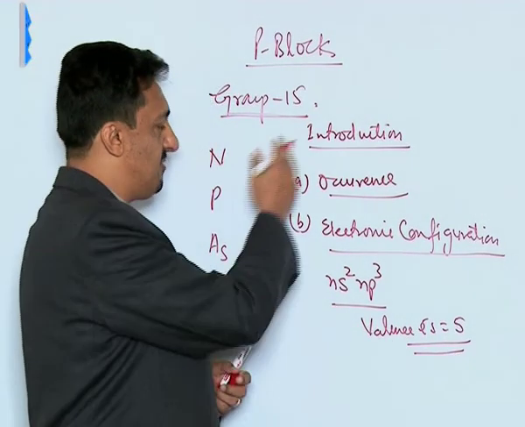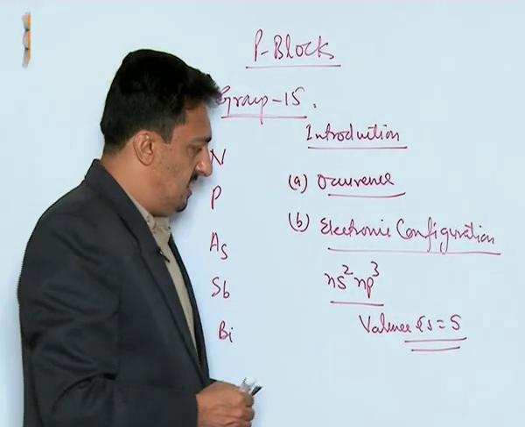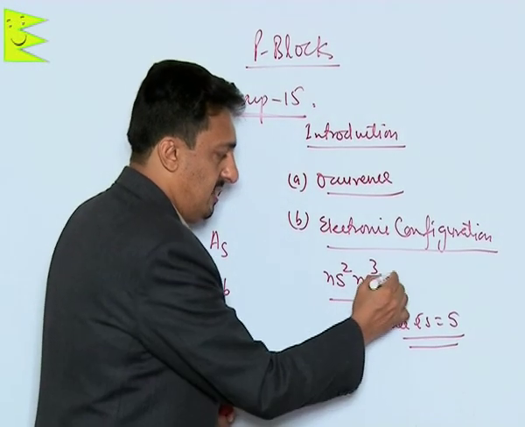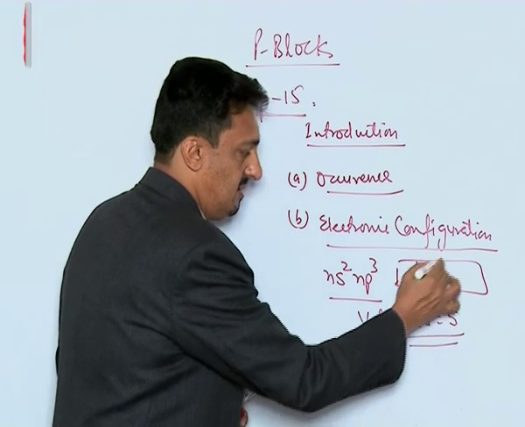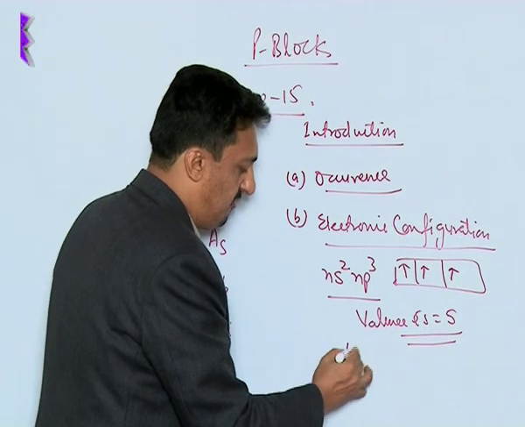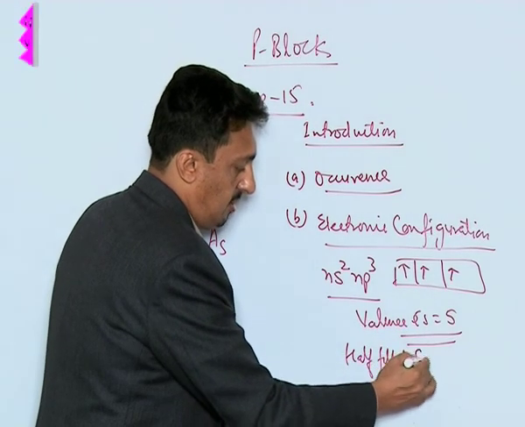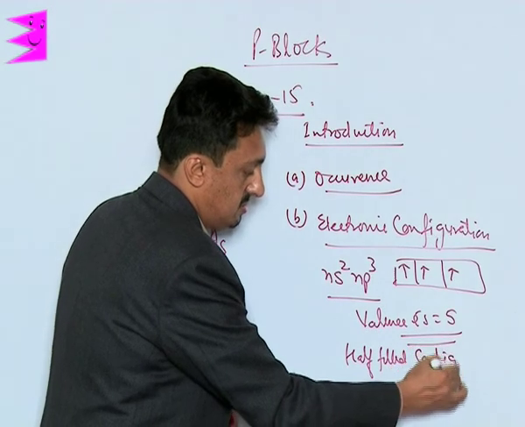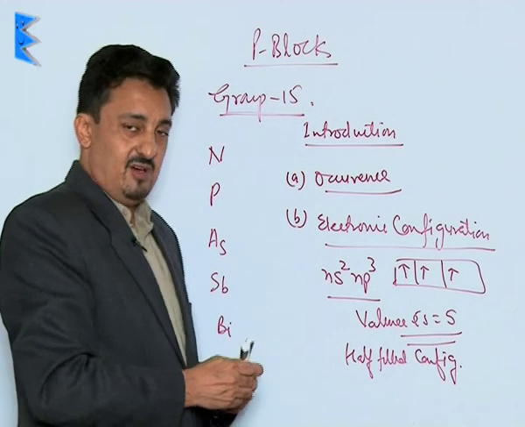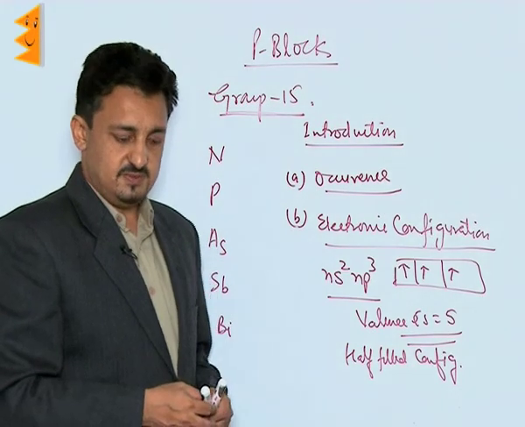They are in group 15, so 15 minus 10 is 5. So they are having a stable half-filled configuration, which makes all of these elements very stable in terms of electronic configuration.